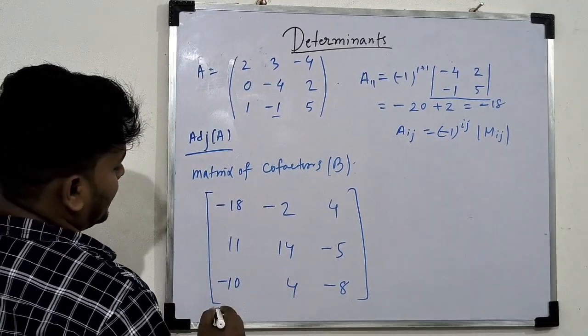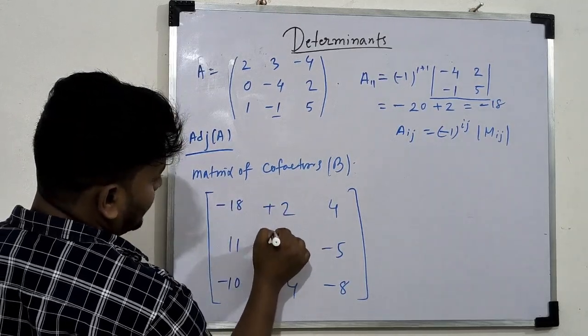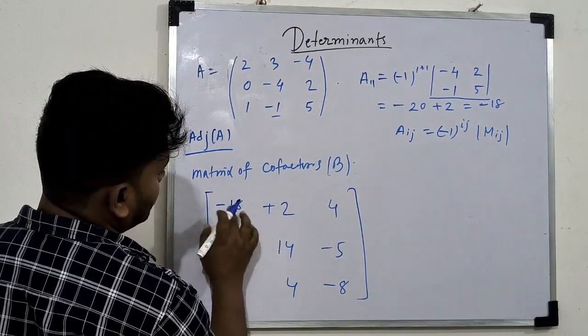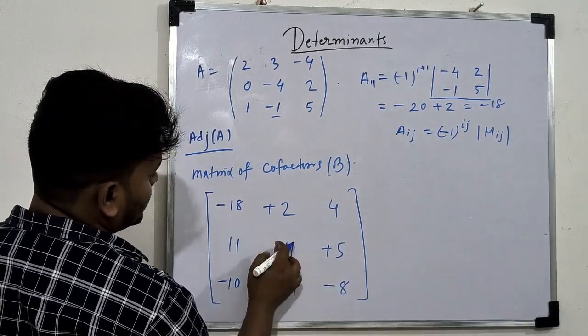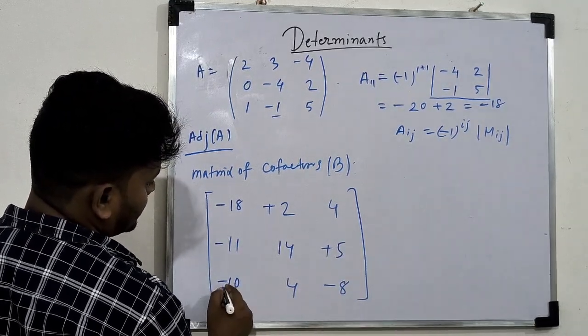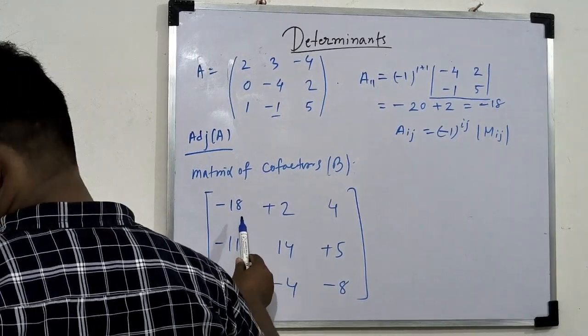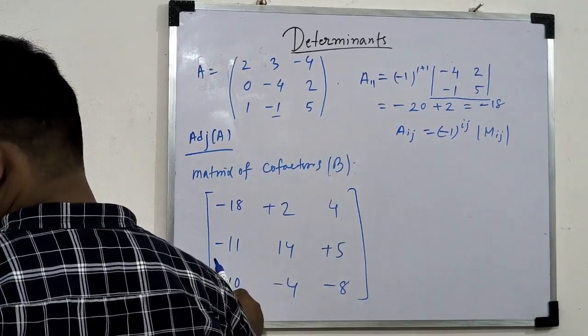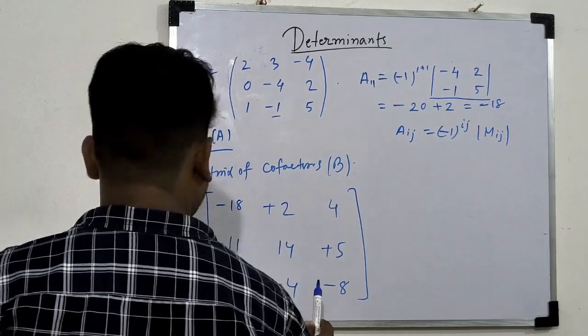Now we assign signs. This will be plus, minus, plus, then minus, plus, minus, then plus, minus, plus. So the matrix will be minus 18, 2, 4, minus 11, 14, 5, minus 10, minus 4, minus 8.